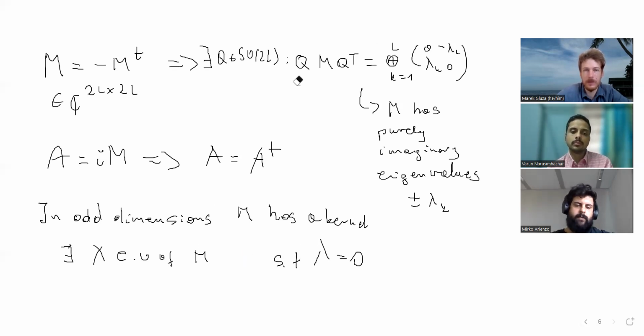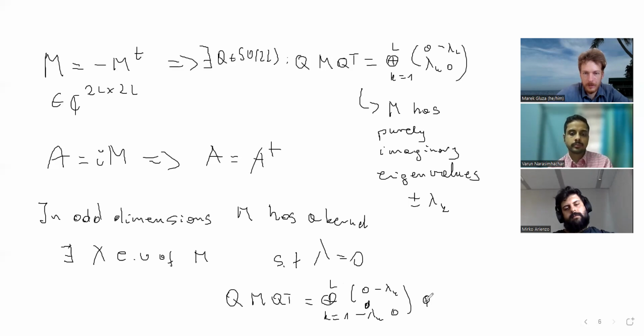At least one will be 0, and then in this Q transformation, when you find this special Q, you get the blocks 0, minus lambda_k, lambda_k, 0, and then you need to add the 0 matrix, a one-dimensional matrix, one extra row. When you remove that 0 eigenvalue, you have an even matrix again, and it's quite similar.